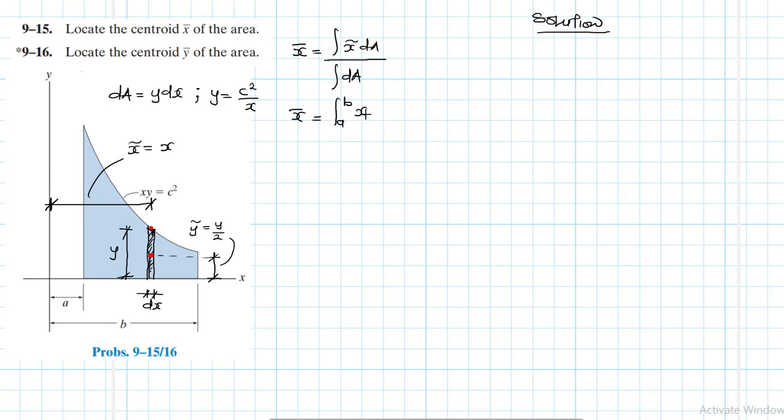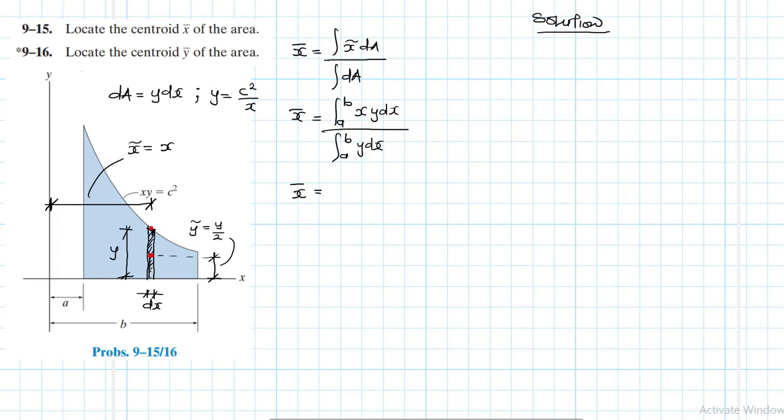Yes, it is going to be x. And then dA, what is our dA? We said it is y dx, divided by the integral from a to b of just y dx.